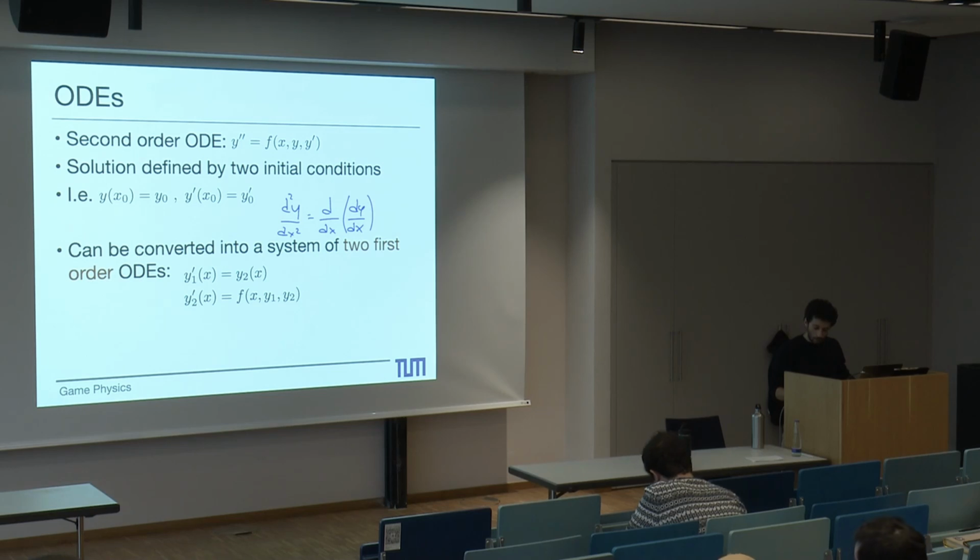And then we call this quantity, I don't know, y1. So in this way, we are able to say that this quantity that we now called y2 is actually equal to the derivative of y1.